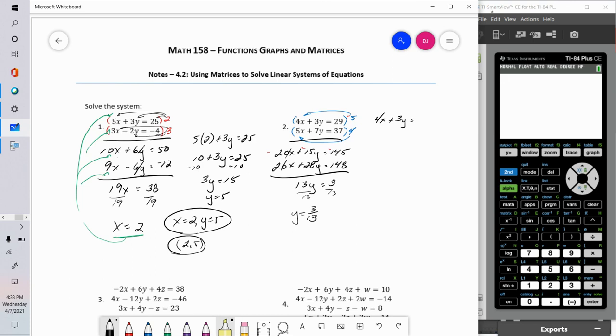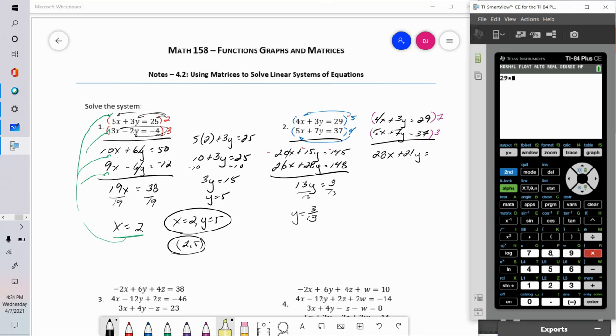I can go back to my originals, and I'm going to rewrite them just so it's a little cleaner. And this time I'm going to do the same thing, except that I'm going to multiply the top equation by 7 and the bottom equation by 3, so that after distributing the 7 to the top equation and the 3 to the bottom equation, I'll get 28x plus 21y equals 29 times 7.